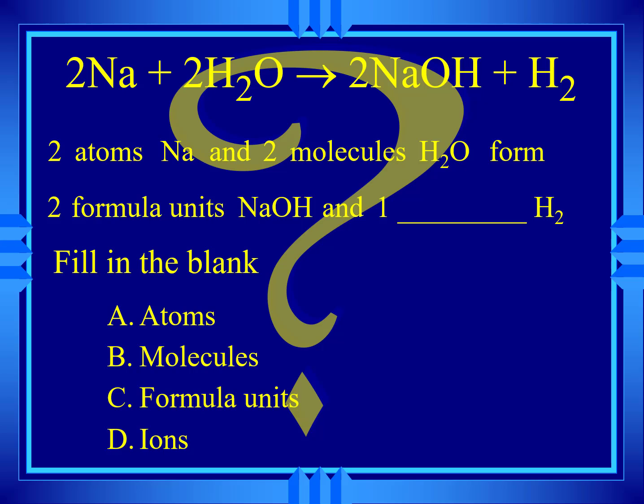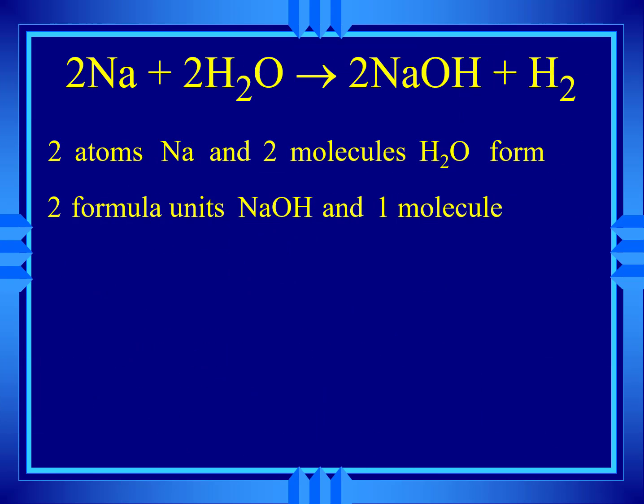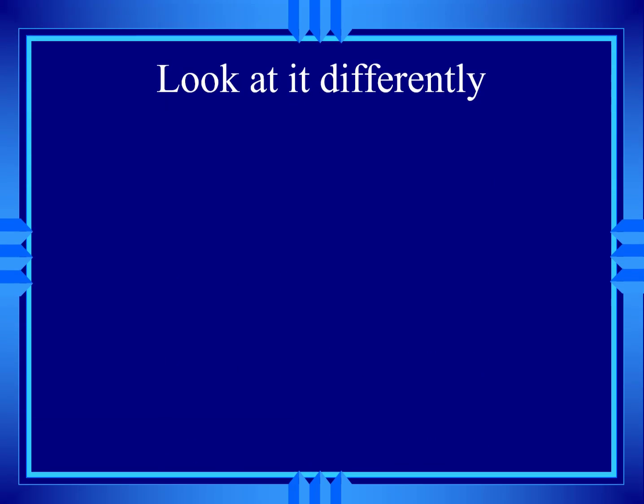Well, H2 is an element, but it's not by itself, it's diatomic. So that must make it a molecule of H2. So as you can see, this sentence and this equation say the same thing. All we've got to do is tell what kind of piece it is, and that's what the homework's going to ask you to do tonight.